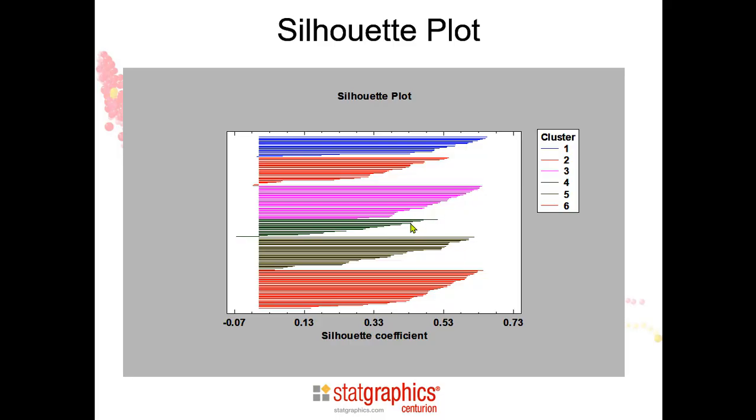A less compact cluster might have the shape similar to that shown in cluster 4. There are some large scores in cluster 4, but there are also some relatively small scores. In fact, there's one point in cluster 4 that is below 0. The silhouette plot can be used to pick out observations like that that are worth further study.